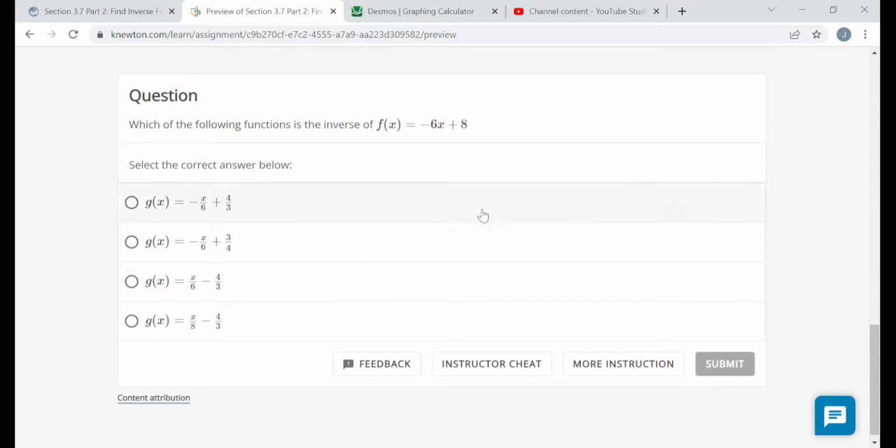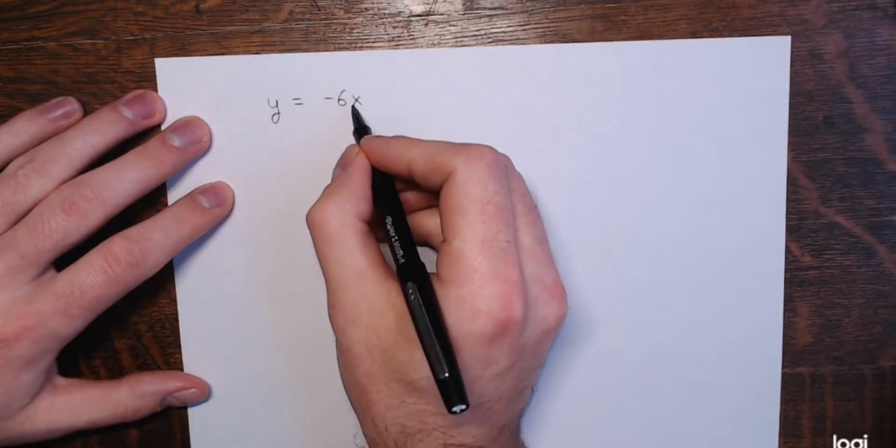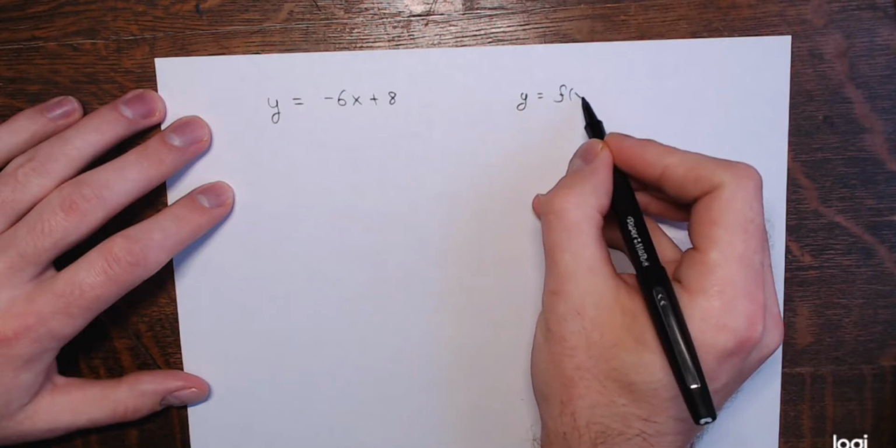Alright, next, now which of the following functions is the inverse of f of x equals negative 6x plus 8? Well, this is, again, very simple. I've been doing this. You just switch y's with x's, x's with y's, and solve for the new y. So once again, here's the function we were given, y equals negative 6x plus 8, where this y represents f.